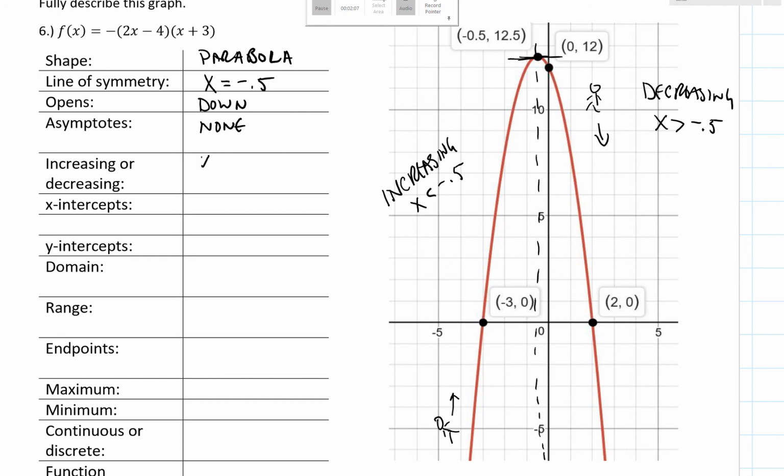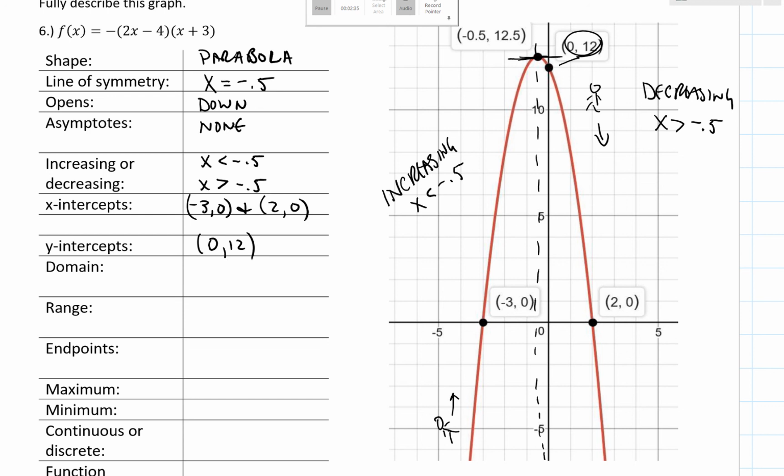So this is going to be when x is less than negative 0.5. This is going to be when x is greater than negative 0.5. Our x-intercepts are where we cross the x-axis, so that's negative 3, 0, and 2, 0. The y-intercept is where we cross the y-axis, so that's this point right here, 0, 12.